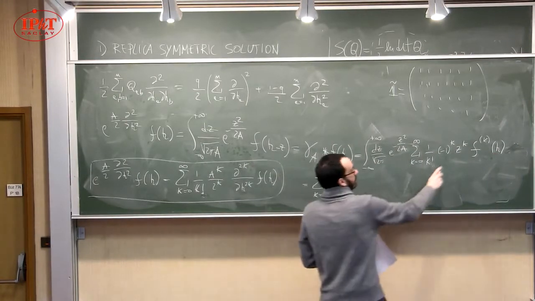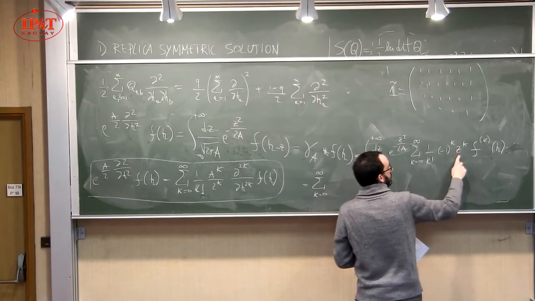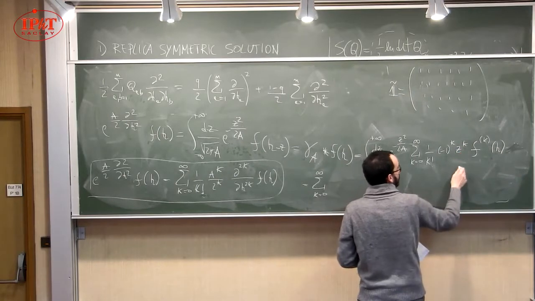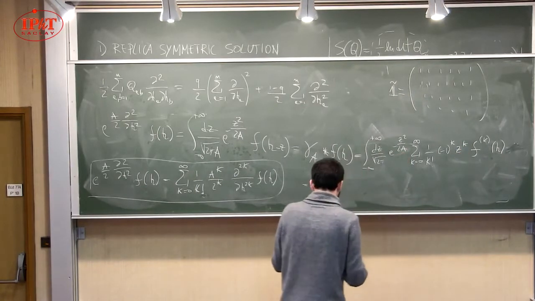And now, this gives you something that is different from 0 only when k is a multiple of 2.